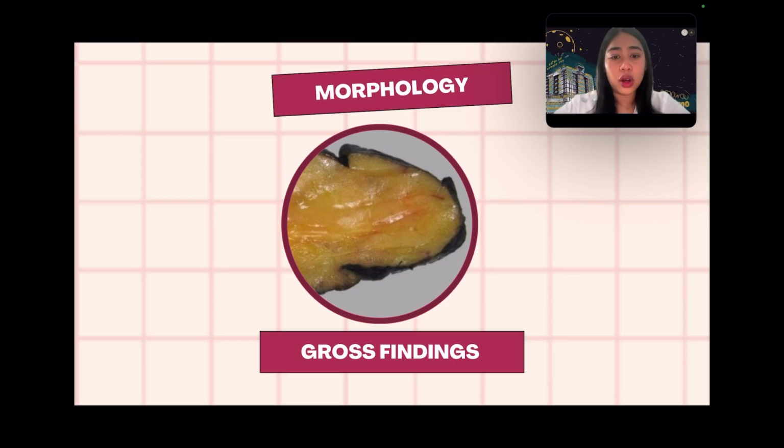Let's look at the gross morphology. As was mentioned earlier, you can see that it resembles normal adipose tissue. It's yellow, right? Fat is usually yellow. It's well encapsulated, as seen in the outer capsule of this lipoma.